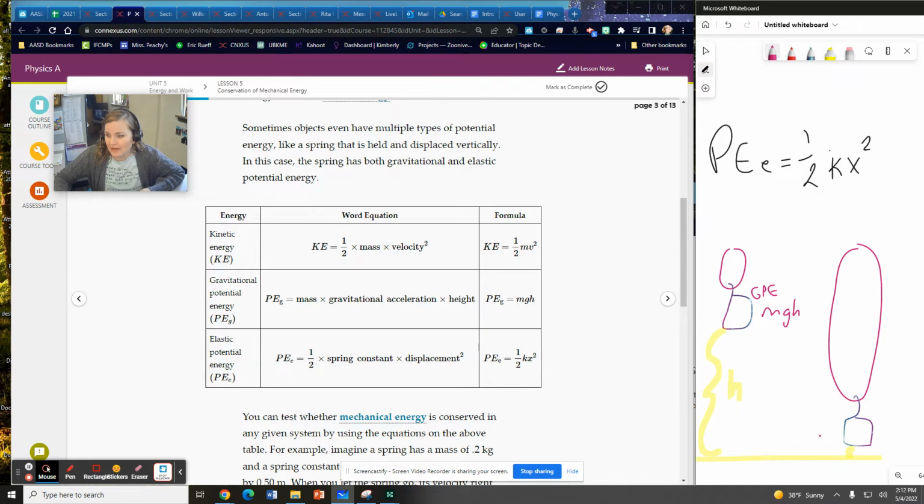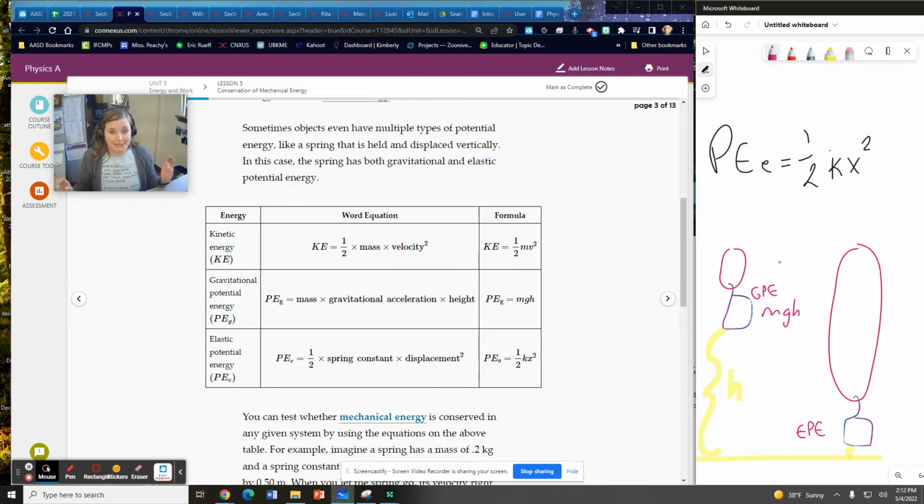So it's going back and forth between a high amount of gravitational potential energy but low elastic potential energy, and a high amount of elastic potential energy but lower gravitational potential energy, right?